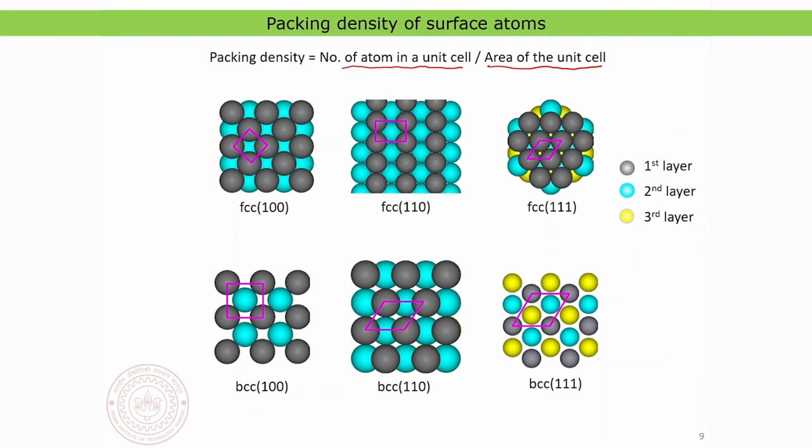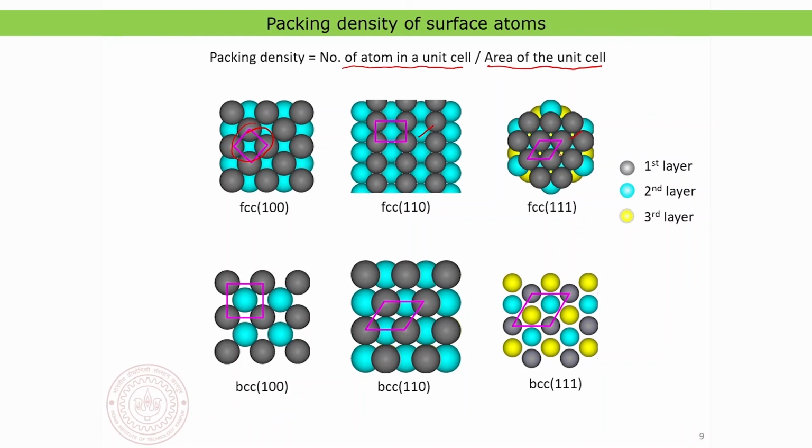Of course, we know the geometry of all these different unit cells, which is nothing but a square, rectangle, or an oblique. Therefore, if I know the edge lengths, that means the a and b of the unit cell, then I can calculate the area of the unit cell.